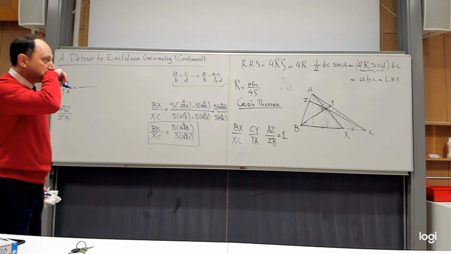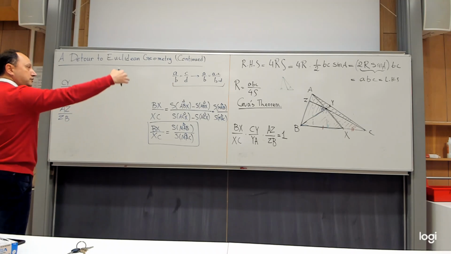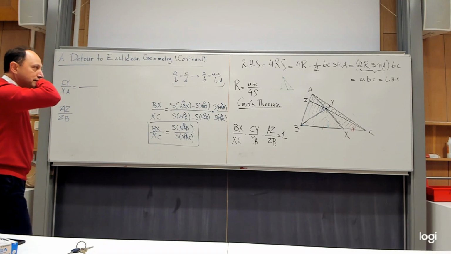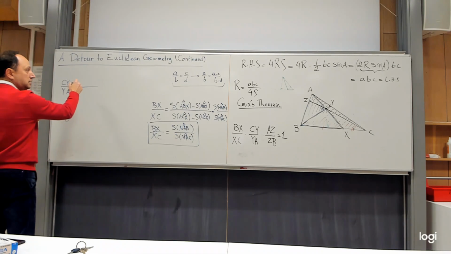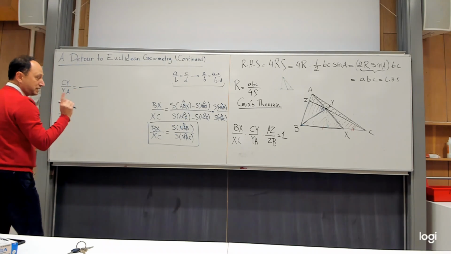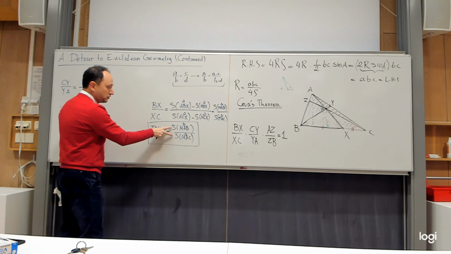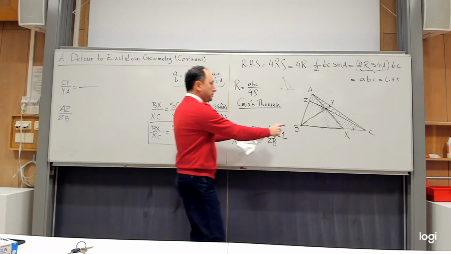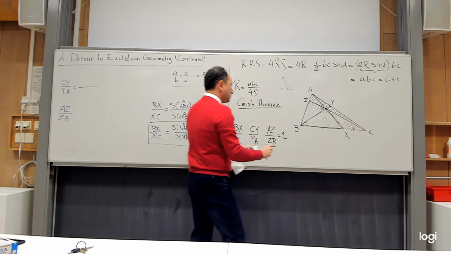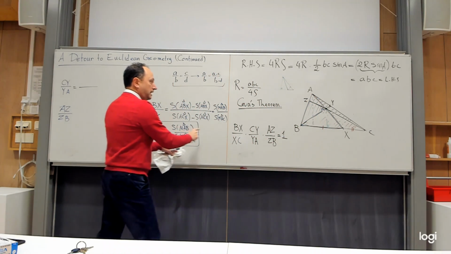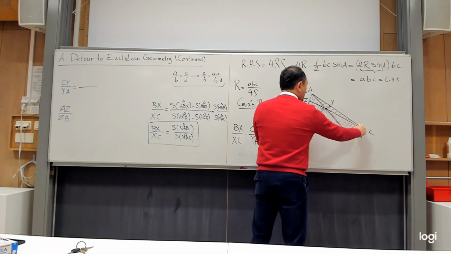Oh, MBC. So one more. If you look from this perspective, it should be MBA. Which one is which is very important because BX and XC, you have these two in front. So BX, the triangle on top of that is this one, so we wrote it on top. And then CX is this one, the triangle on top of that is this one, so we wrote it in the bottom.